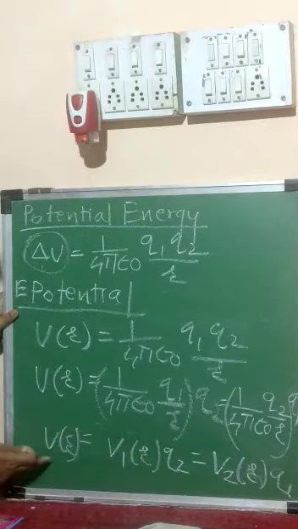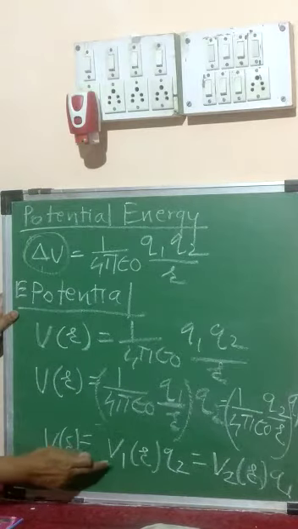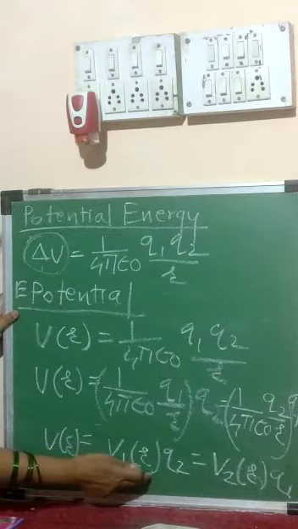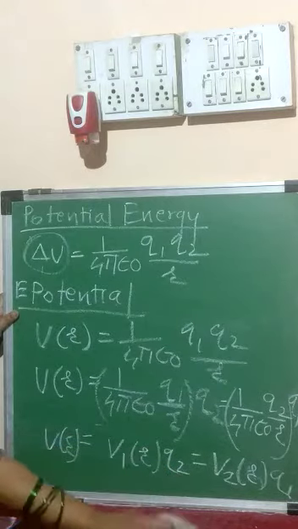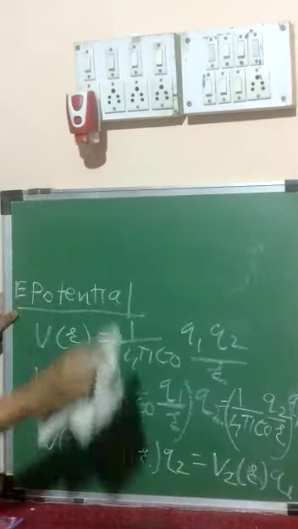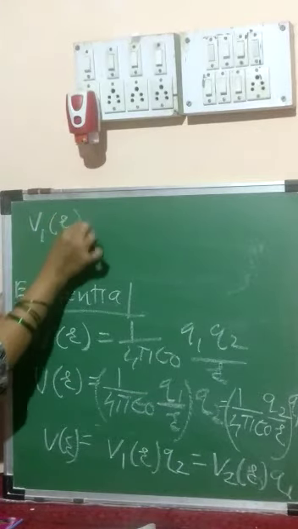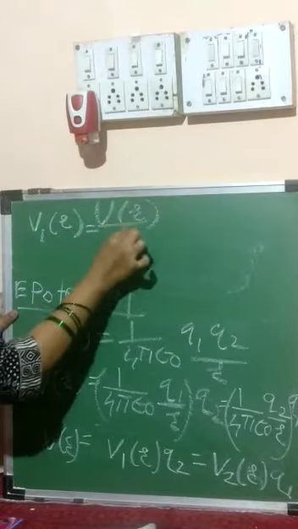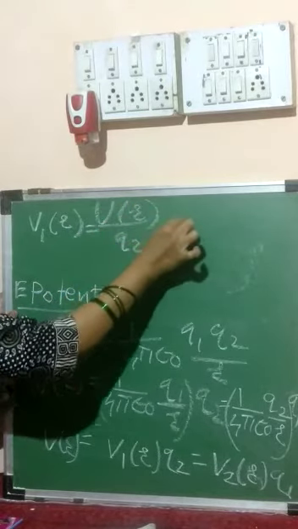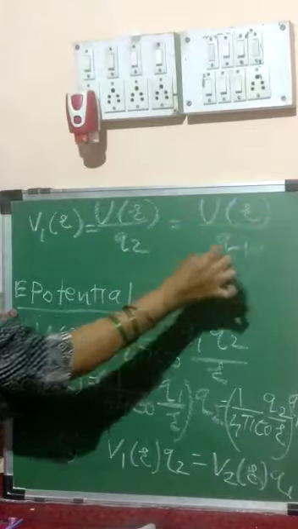Therefore, I am getting the formula: UR, the potential energy, is equal to electric potential into Q2, where Q2 is the charge. In short, V1R can be written as UR upon Q2, or also as UR upon Q1.